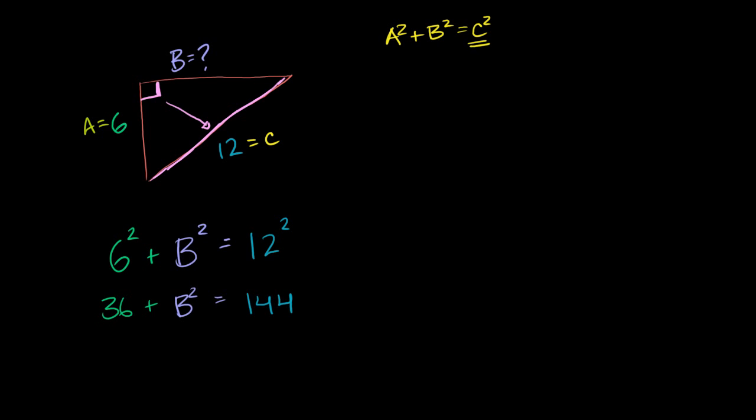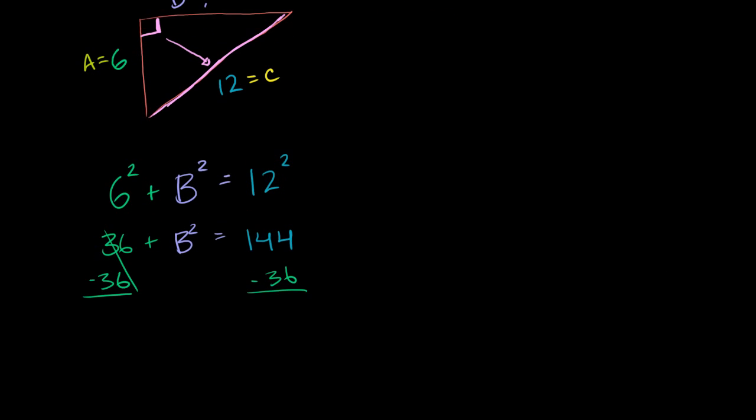Now we can subtract 36 from both sides of this equation. Subtract 36, those cancel out. On the left-hand side, we're left with just b squared is equal to, now 144 minus 36 is what? That is 144 minus 30 is 114, and then you subtract 6 is 108.